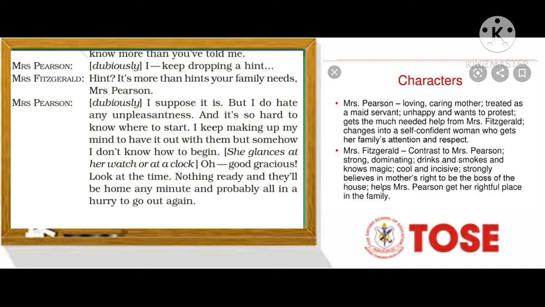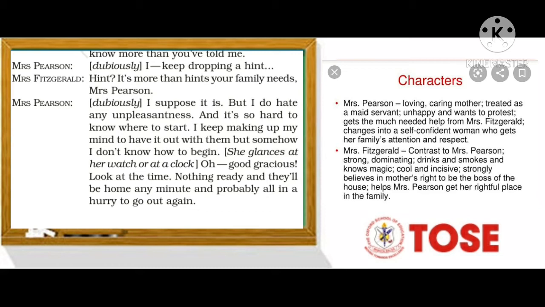So, when Mrs. Fitzgerald tried to convince and explain how Mrs. Pearson's other family members were enjoying and they were not caring about her, they were enjoying themselves.